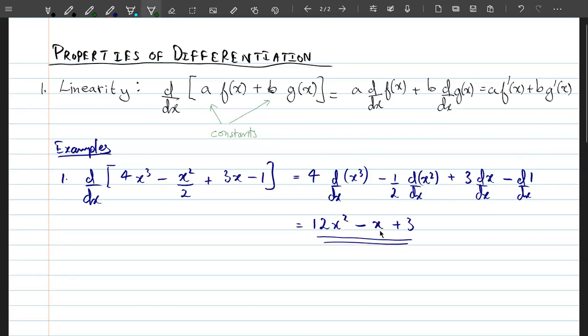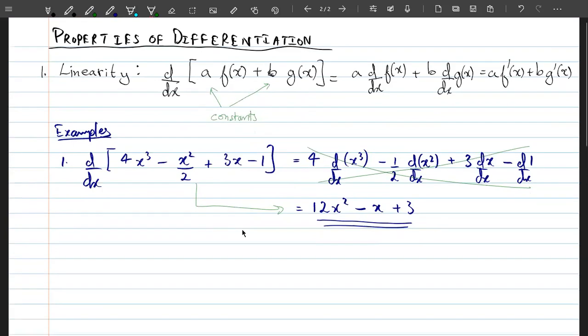So ideally you should be able to go from here to here directly without this step. This is an example, but once you understand this rule properly or get used to differentiating, you should be able to see this and write this down right away.